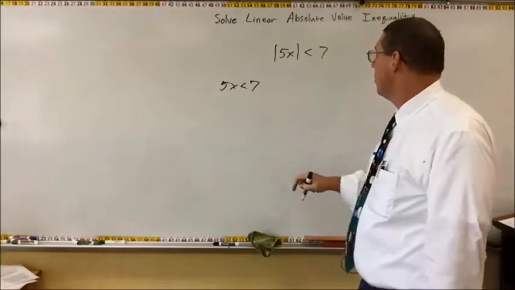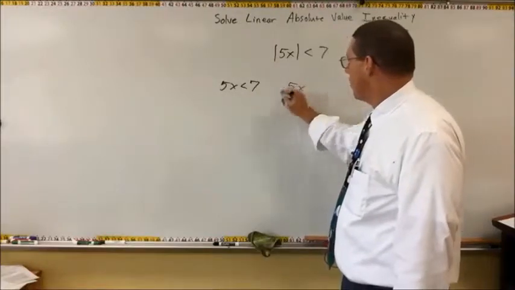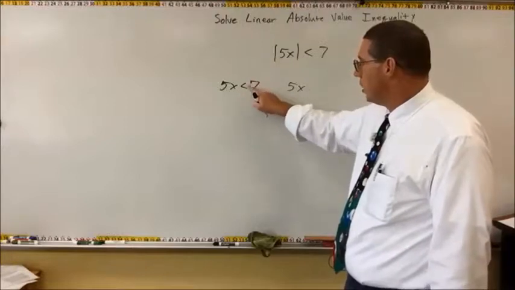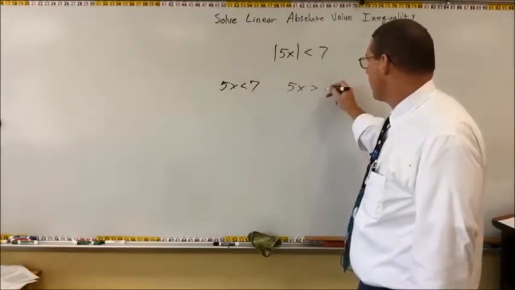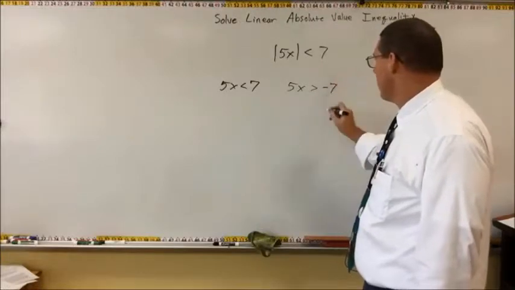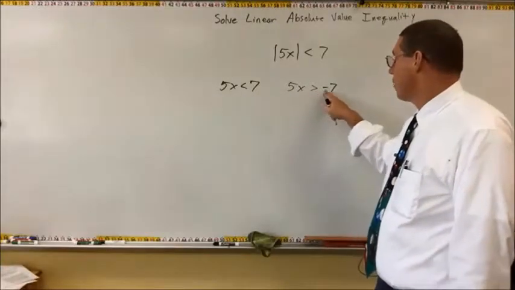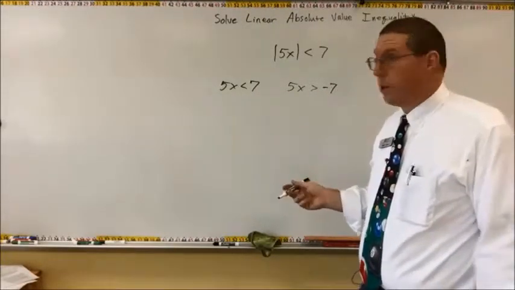All right, so now, for this other one, it's going to be 5x again. It's going to look just like this one, only we're going to change this sign and change this sign. So now it's greater than, and instead of 7, it's negative 7. Okay, so now we got 5x is less than 7, and we got 5x is greater than negative 7. And now we're just going to solve each one like it's an equation.